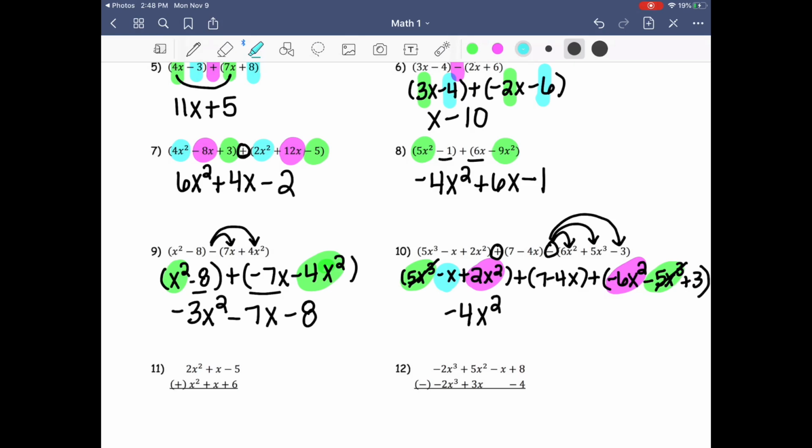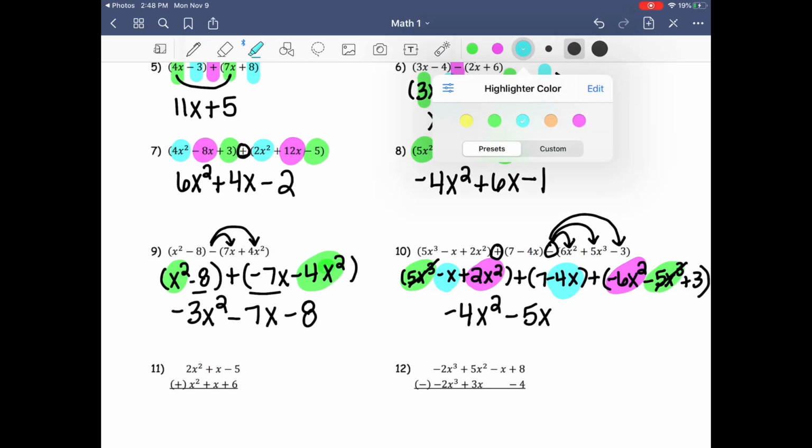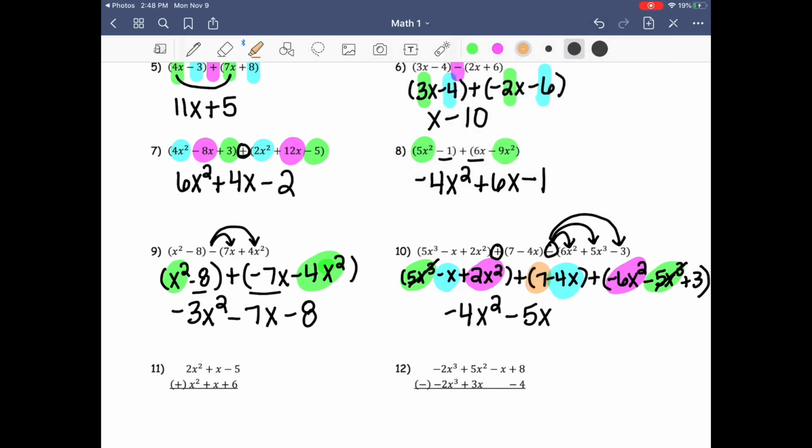All right, and then I have negative x, or negative 1x, and negative 4x, and that's going to turn into negative 5x. And then finally, we have 7 and 3 to give me plus 10.